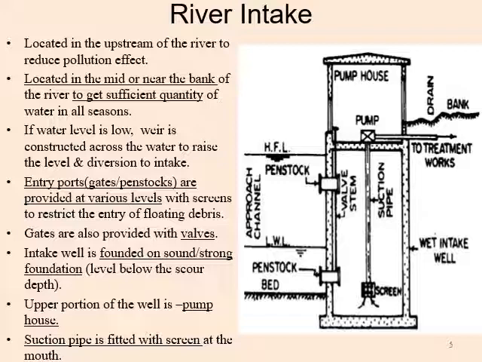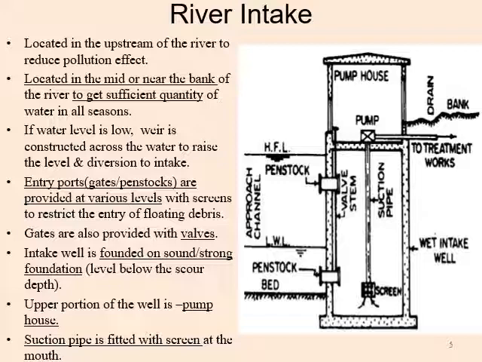If the water level is low in the river, we have to construct a weir; at this time you can consider it a dam. So across the river a weir is constructed to restrict the flow of water, and so the water level will rise and we can divert the water by some channel to the intake structure.